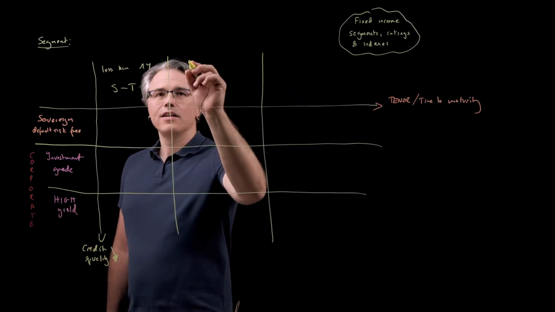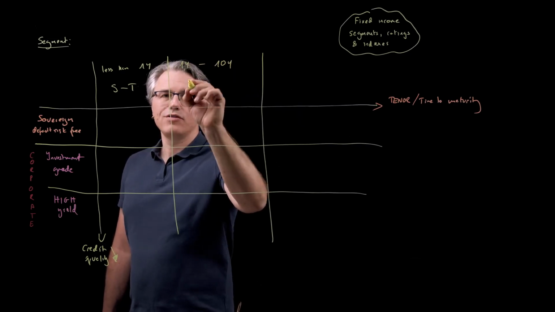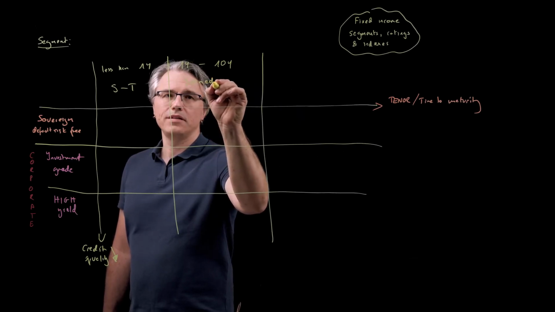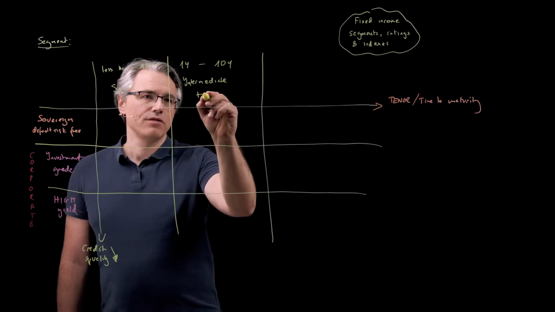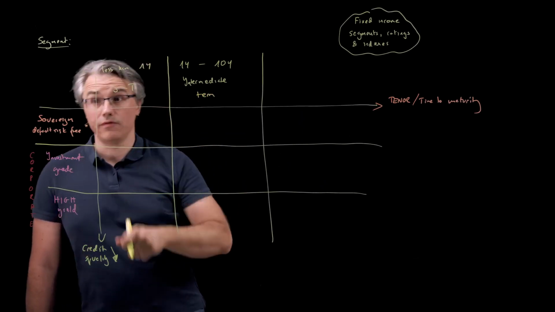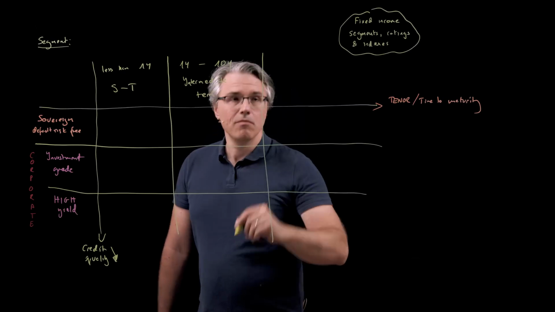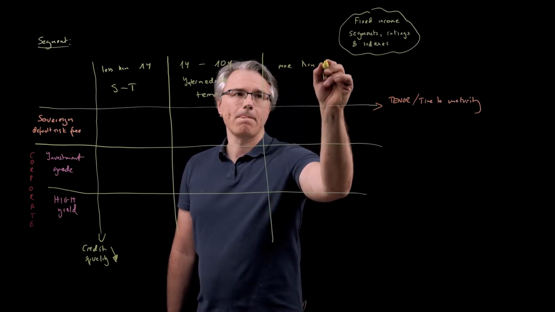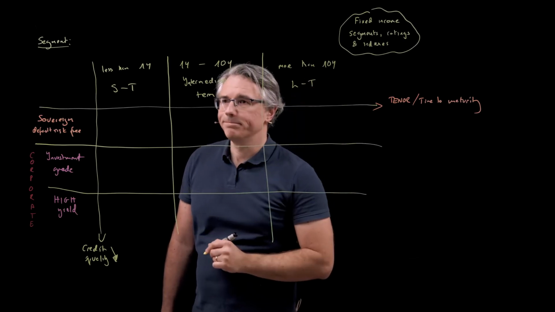Then tenors of anywhere between 1 year and 10 years, which your book refers to as intermediate-term securities. This ST is, of course, short term, and more than 10 years, which naturally will be called long-term, LT.